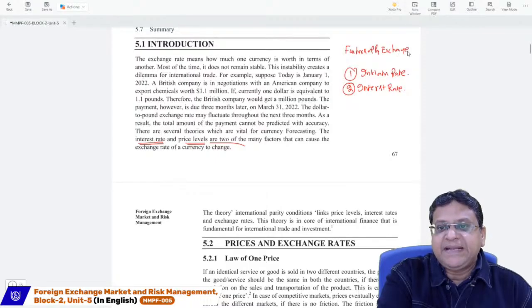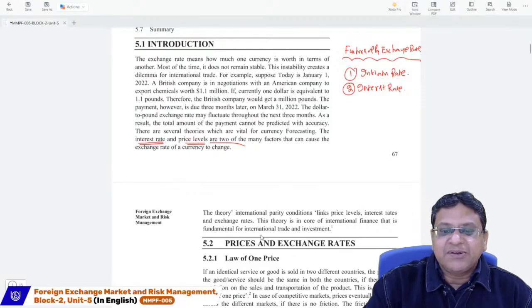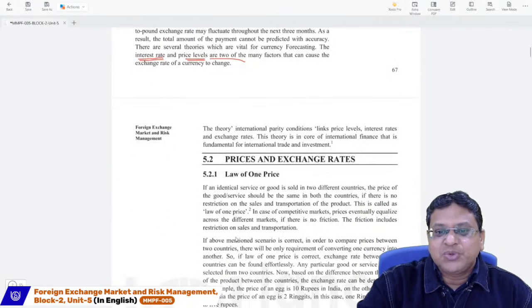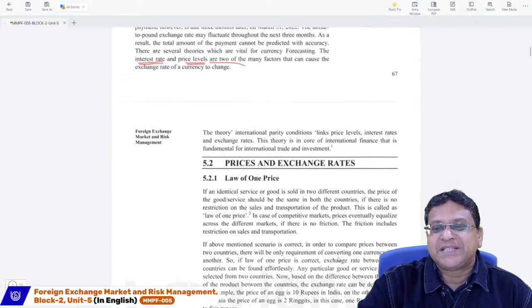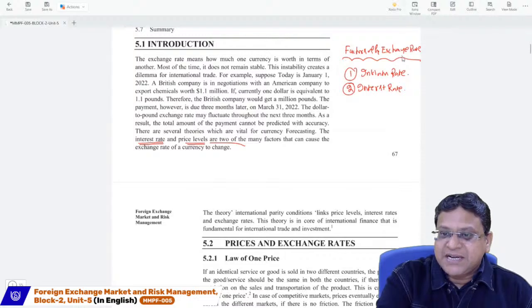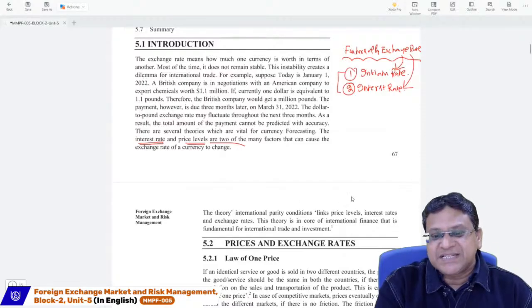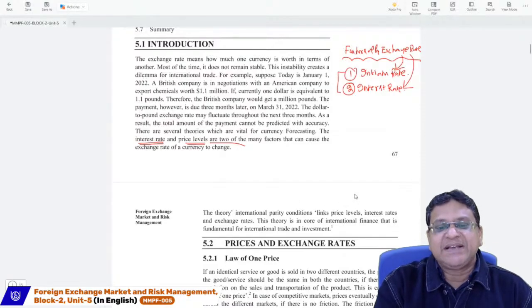Now, what is parity condition? Parity conditions simply explain the theoretical international parity condition. So the link between these three. What is the link between exchange rate and interest rate? What is the link between exchange rate and inflation rate? What is the link between inflation rate and interest rate? These things are discussed under parity conditions.